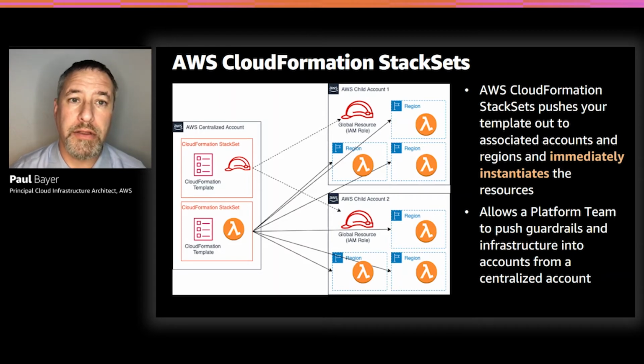This allows the platform team to push out things like VPCs or default roles, and we're going to look at this tool and see how it can be used to help Anna, in our first example, push out resources to various accounts and teams.